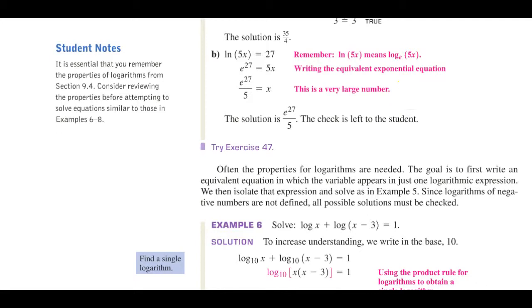Now, for example B here, this ln is the natural log. So again, the natural log of 27 equals 5x. So we want to solve for x. Well, we're going to divide both sides by 5.